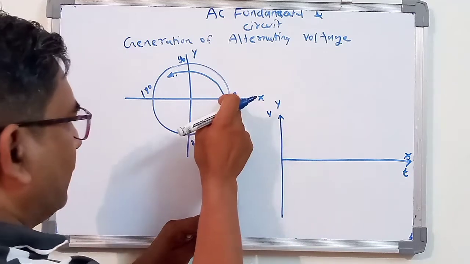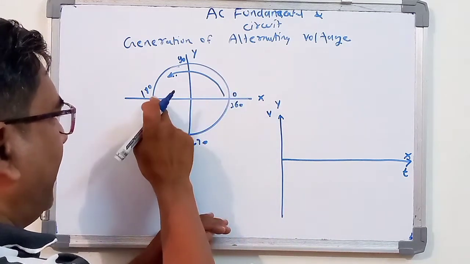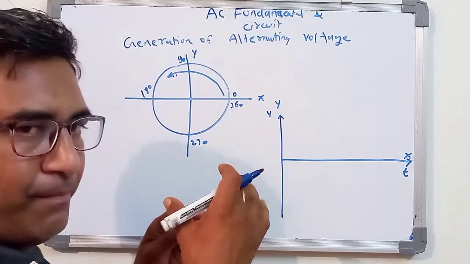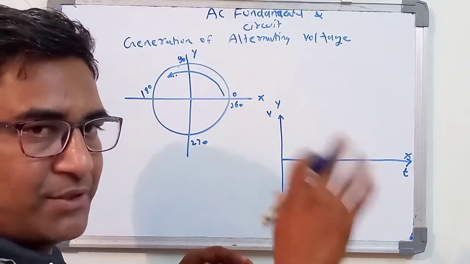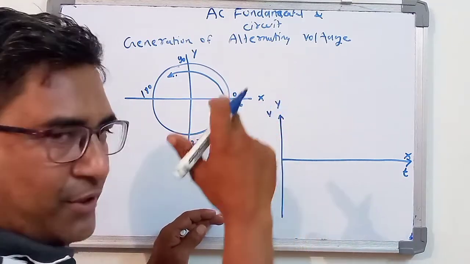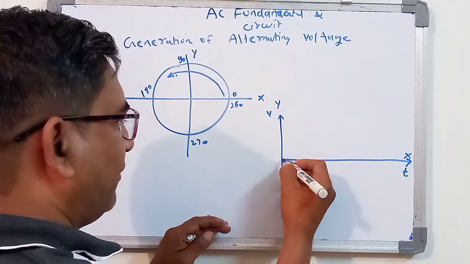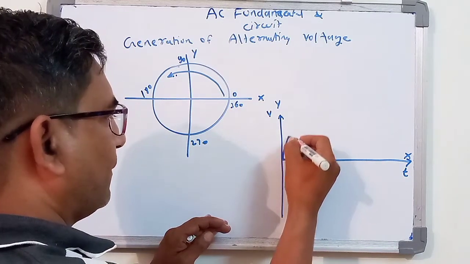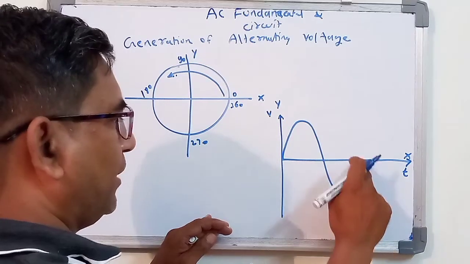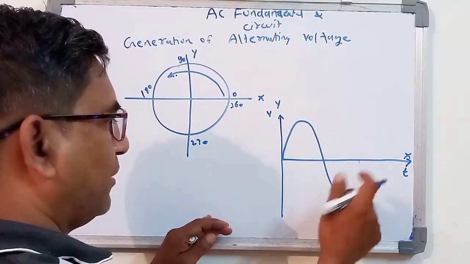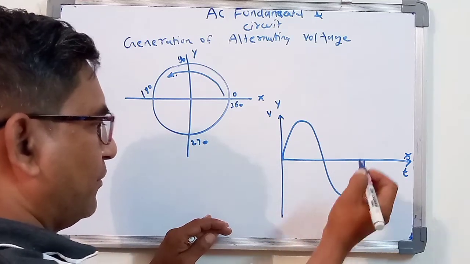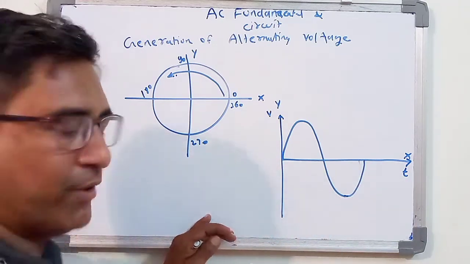Now from 0 to 180 degrees and from 180 degrees to 360 degrees, if we make the wave so that it produces the alternating value over 360 degrees, then the wave will look like this. This is the wave.